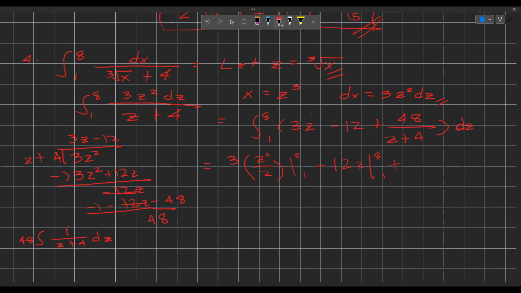Now for the first two, we just use the general power rule to solve the integral. However, here we have to use ln, since this is in the form of the integral of du over u.